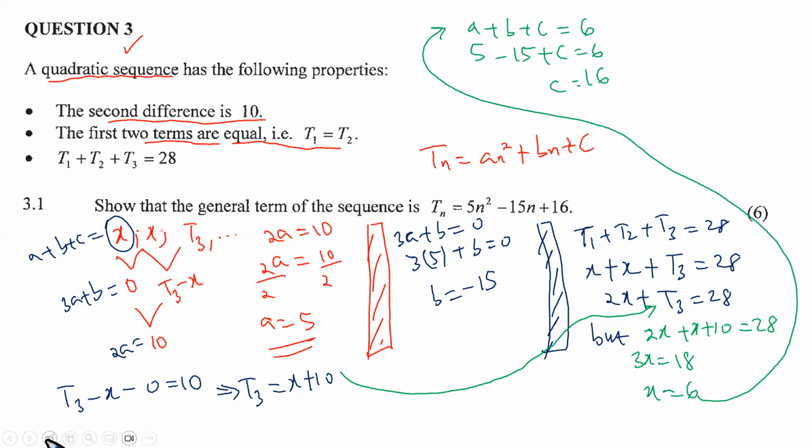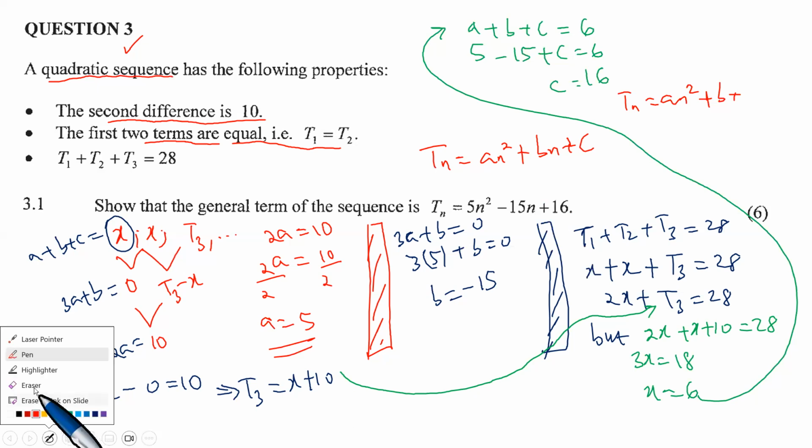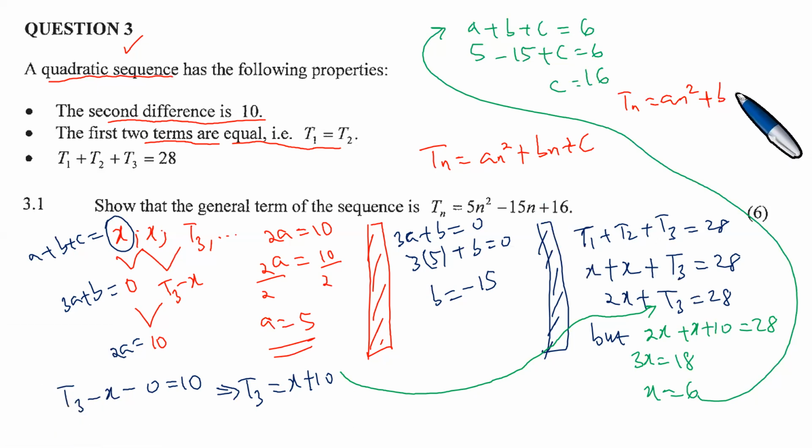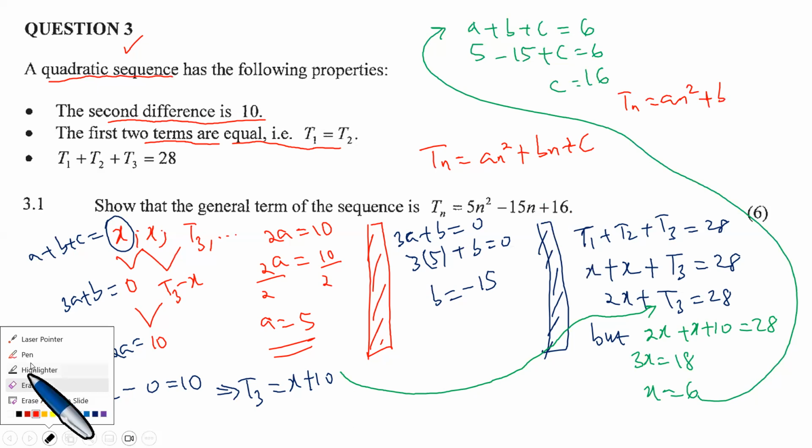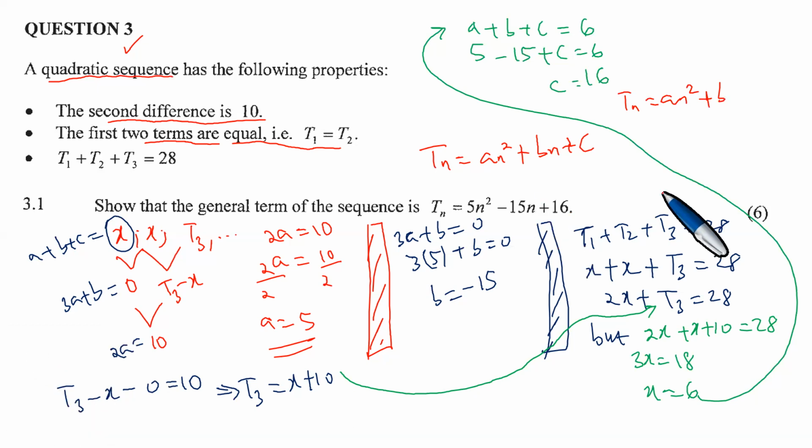We just need to write down the answer. We have already got the numerical values of a, b, and c. What is Tn? Tn is an squared plus bn plus c. We got a to be 5, so it's 5n squared.